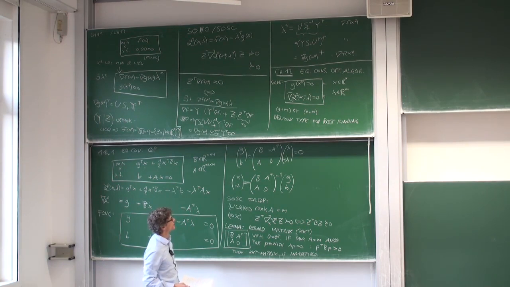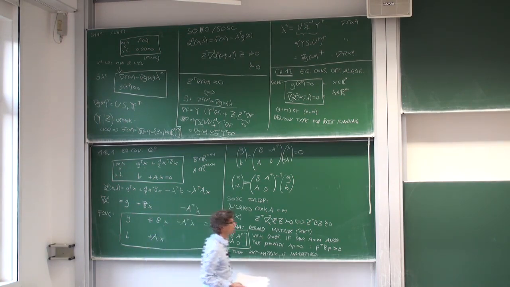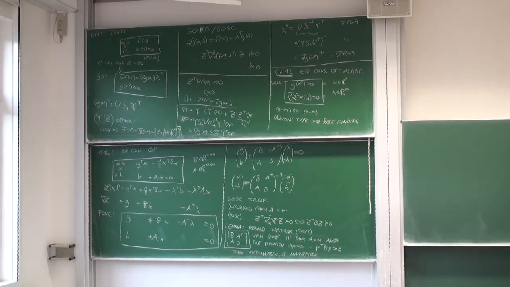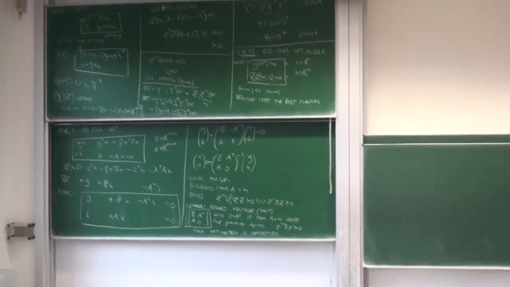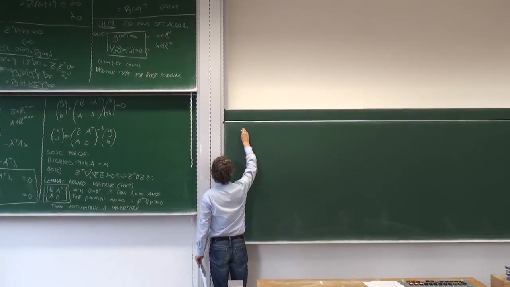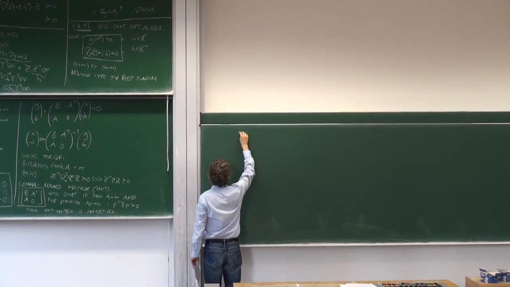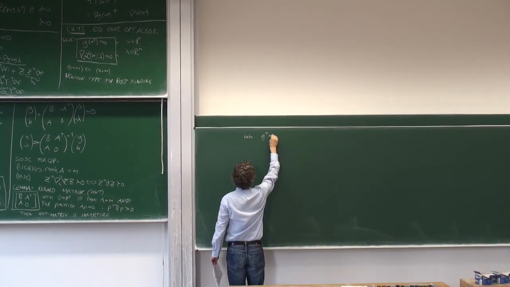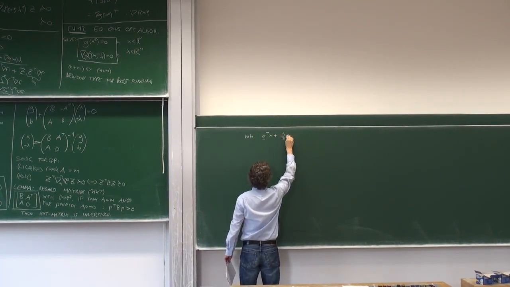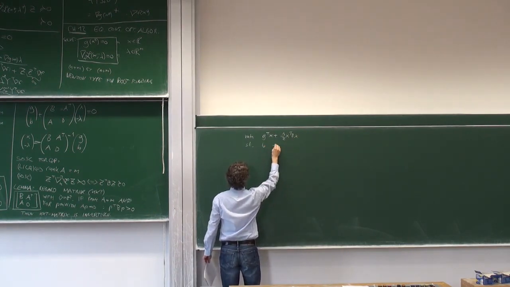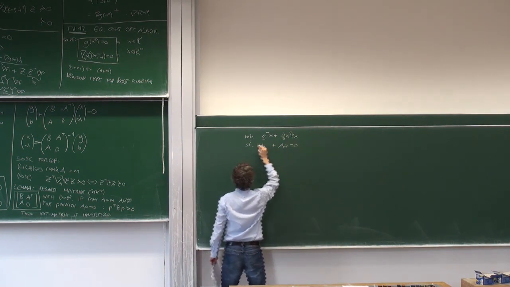Maybe there is a little thing just to state, because it's interesting to know about. We can also just look, like we did once for the unconstrained case, at what is the optimal value of our QP at this point. So we could also see what is the value when I say minimizing g transpose x plus 1/2 x transpose B x subject to b plus A x equals 0.